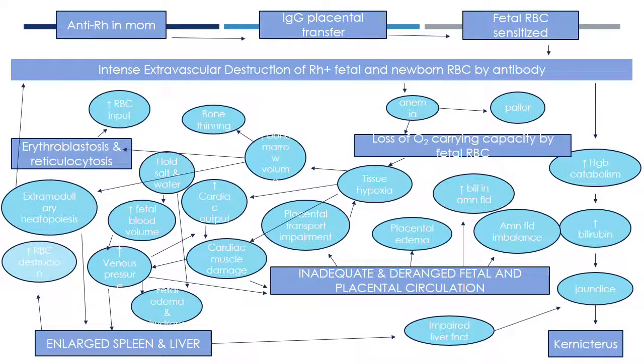And then you've got, because again of those immune deposits, your fetal and placental circulation is also going to be compromised. So take a look at this and look at all of the real mess that occurs when you have HDFN.